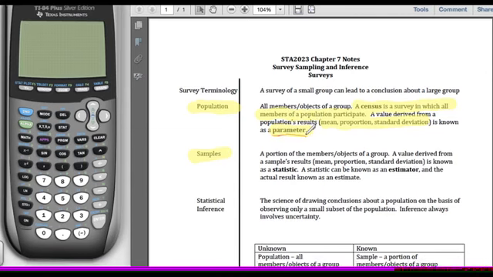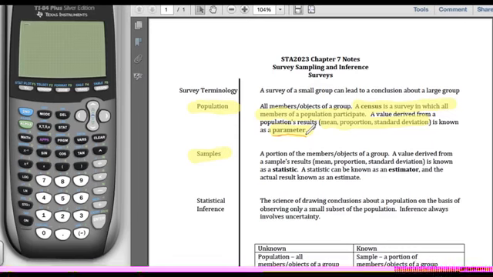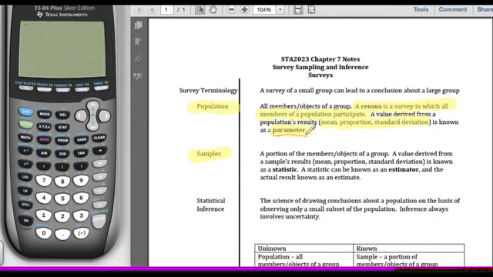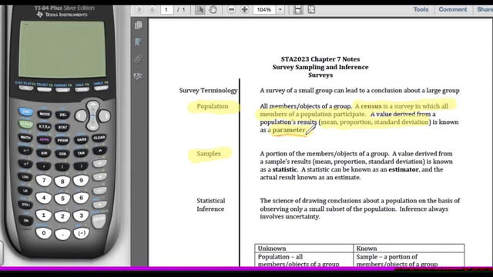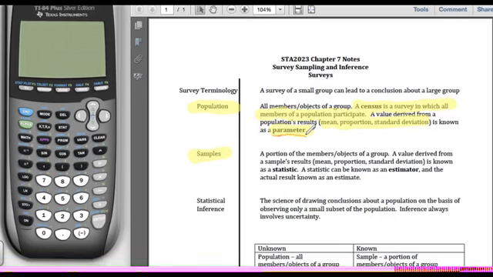Now, censuses are very difficult to conduct. It's hard to talk to every single person in the population. For example, if I wanted to speak to every student who attends TCC, that would be very difficult. We have about 10,000 students, and we have students who are on campus a variety of times.